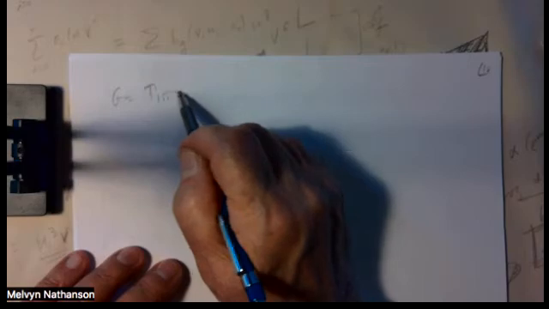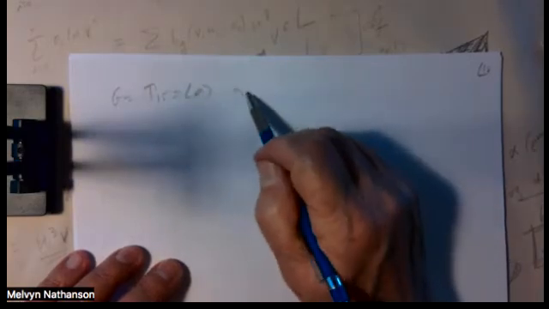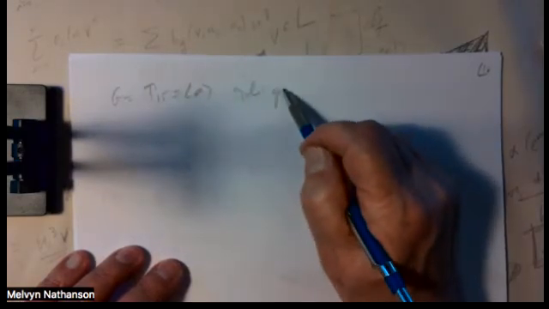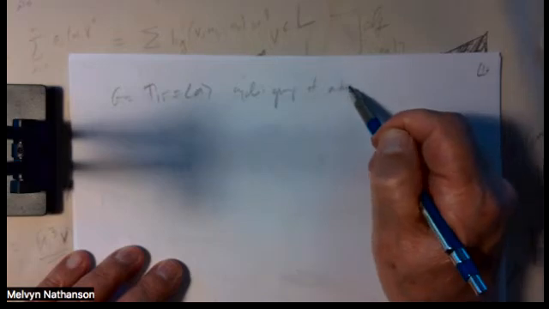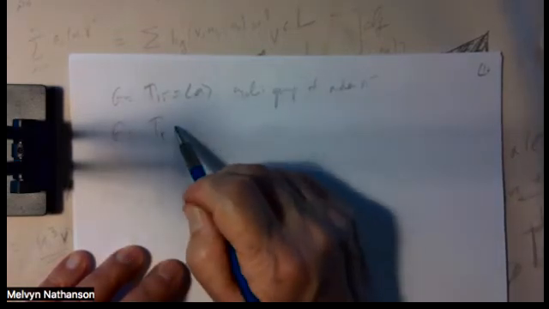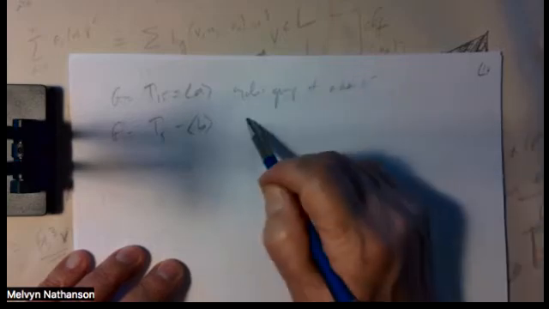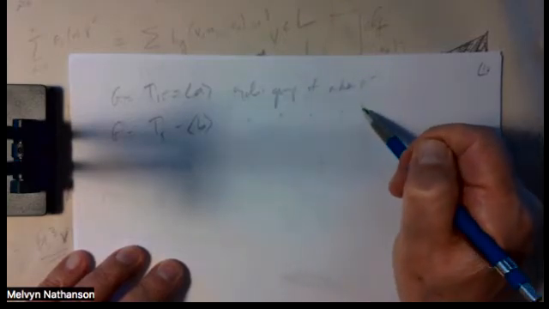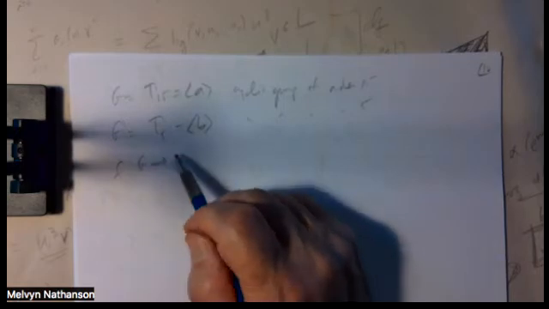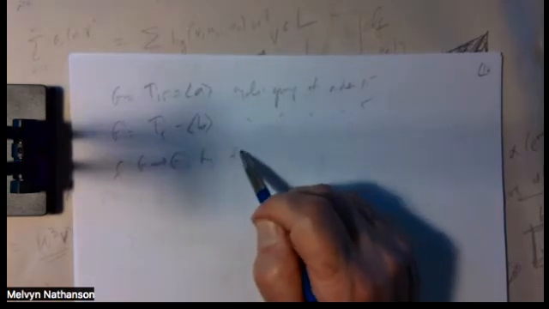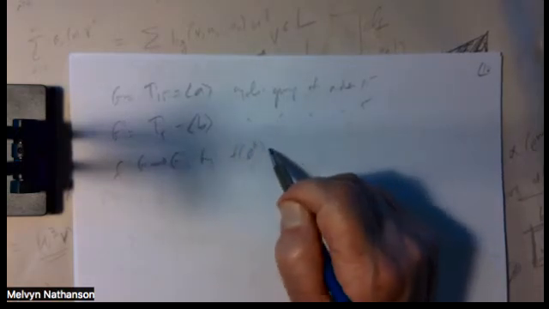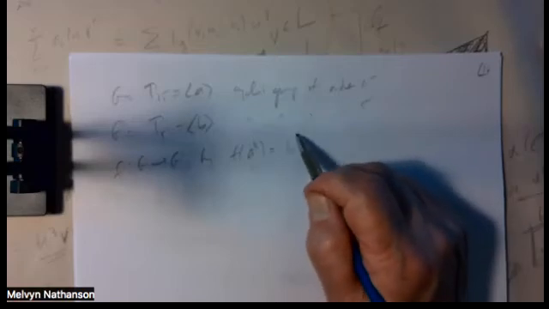So G, I'll call it gamma 15. This is the cyclic group of order 15. G prime, I'll call it gamma 5, is the cyclic group of order 5. And define f from G to G prime by f of a to the power k is equal to b to the power 3k.